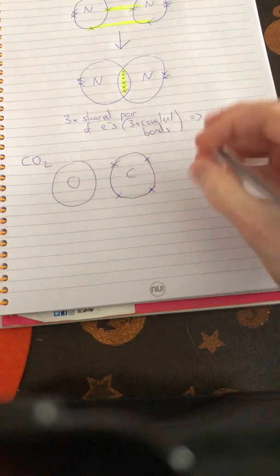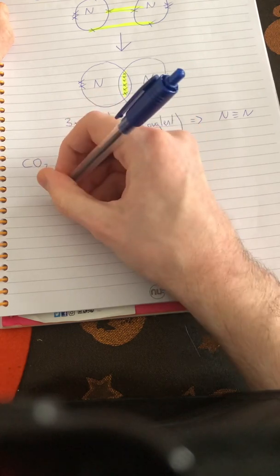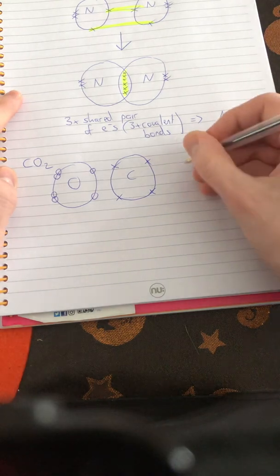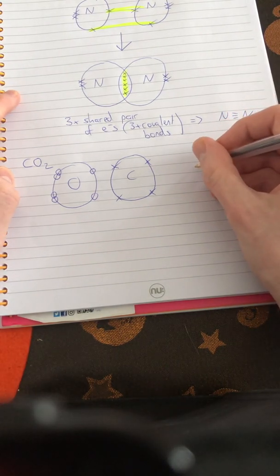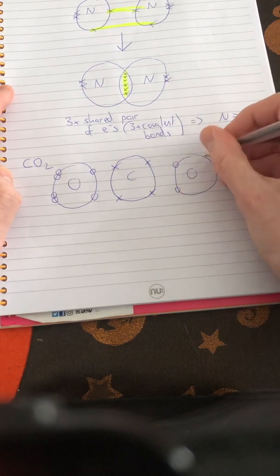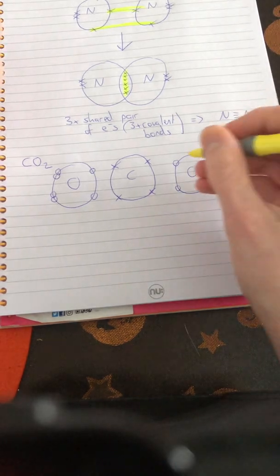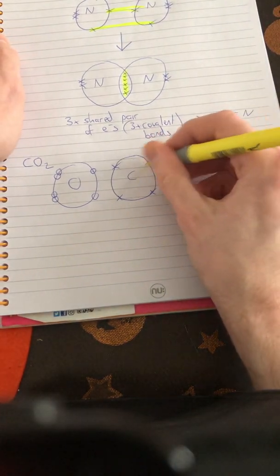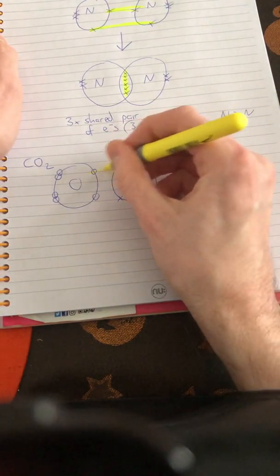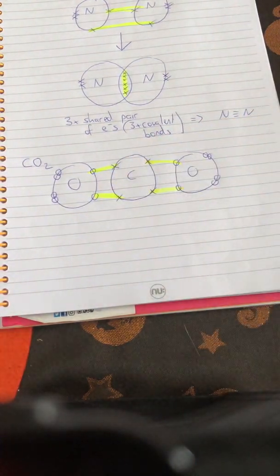Because it's a different element, we need to do circles, so that's 1, 2, 3, 4, 5, 6. And if we do the same for the other oxygen, 1, 2, 3, 4, 5, 6, you'll see what happens: those share and those begin to share.